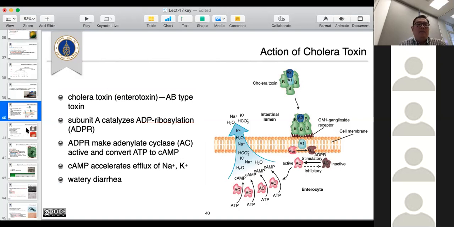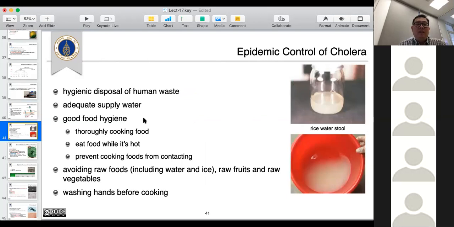The key symptom is rice water stool. This is the color of the stool. It has no brown color because everything in the intestine is flushed out. Because of poor hygienic disposal, the stool of the patient contaminates other areas. So once someone gets infected with Vibrio, it probably spreads to other people in the village, in areas far from good hygiene.